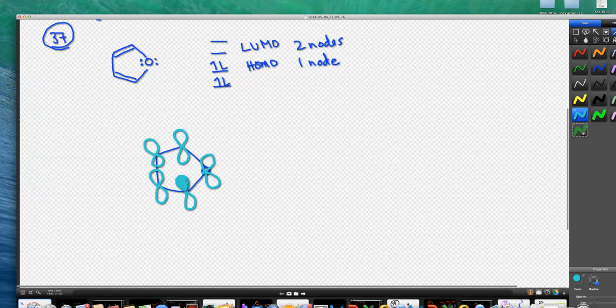And so it is going to change phase only once. And that will be right here. This is a non-bonding orbital, and so we do not need to show this non-bonding orbital in our diagram. And the LUMO is going to have two nodes. And so I'm going to shade in green for the LUMO.